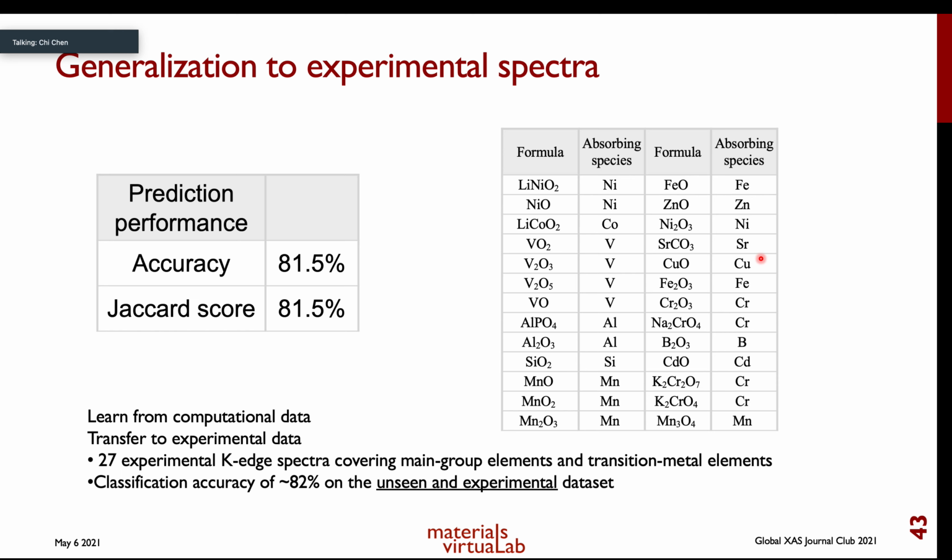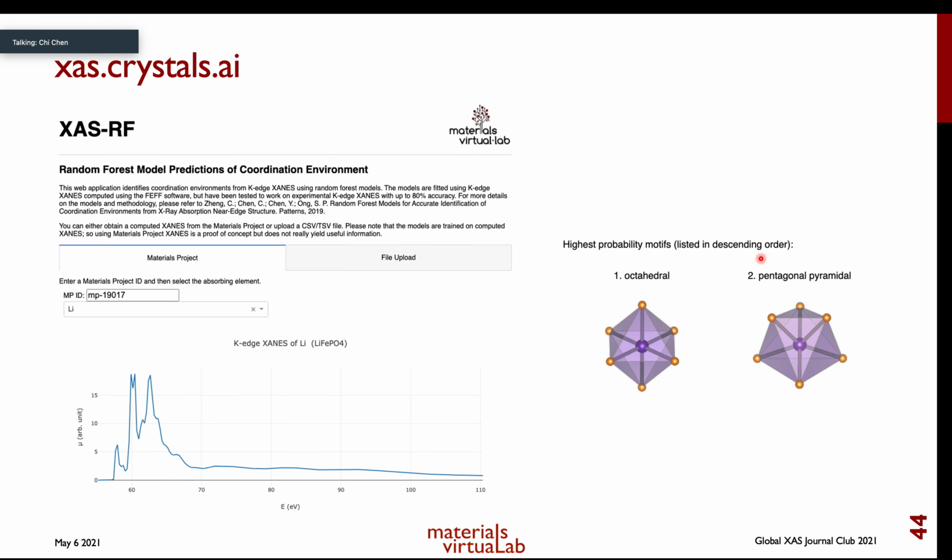Similar to the previous spectrum matching method, we apply the method to the experimental spectra of non-compound structures, and the accuracy that we are able to achieve is about 81.5%. We have also deployed the application as a web app. You can access the web app at xas.crystals.ai.